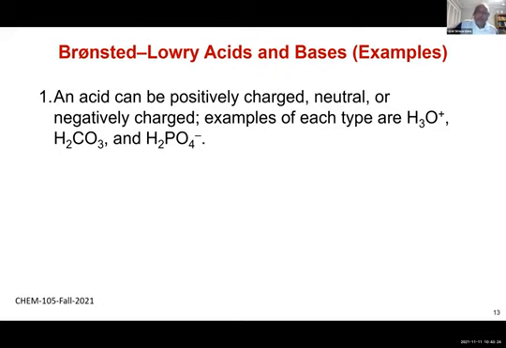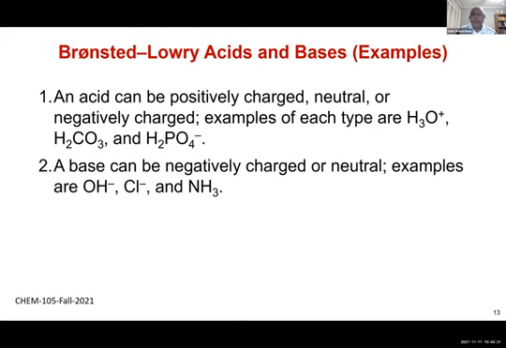Therefore, an acid could be neutral, positively charged, or negatively charged. A base can be negatively charged or neutral. For example, OH is negatively charged. Chloride is negatively charged. Chloride is the conjugate base of HCl. Ammonia is a base. Therefore, bases are normally negatively charged or neutral.